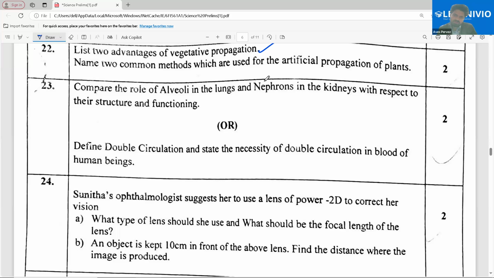Double circulation is when blood is passed through the heart twice. Just a minute. Just a minute.